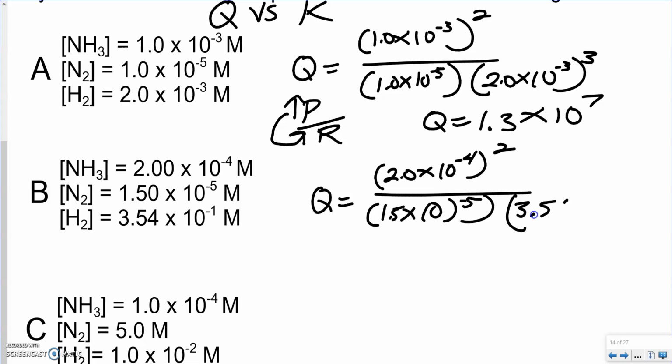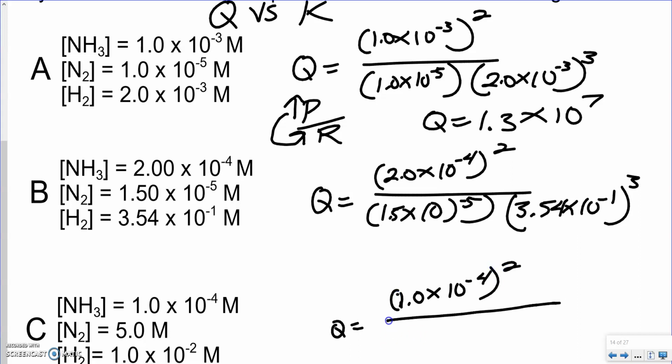And then 3.54 times 10 to the negative 1 to the third. This guy down here is going to be Q equals 1.0 times 10 to the negative fourth to the second over 5.0 to the 1, and then times 1.0 times 10 to the negative second to the third.